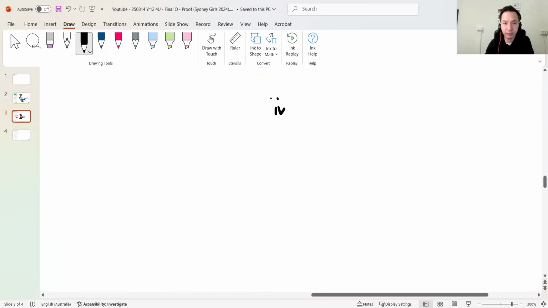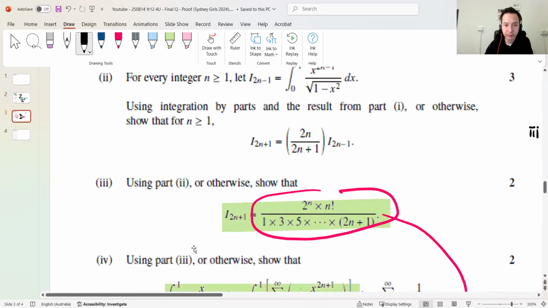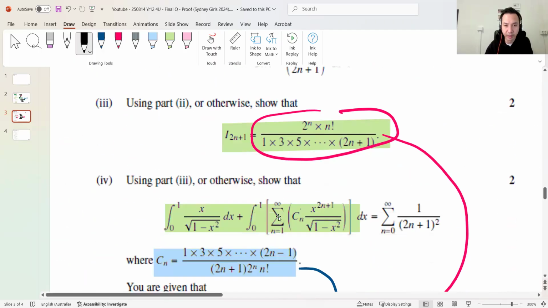So part 4. I'll go left-hand side equals the integral from 0 to 1. Actually, let me see one more. I'm copying this right, with absolute value.